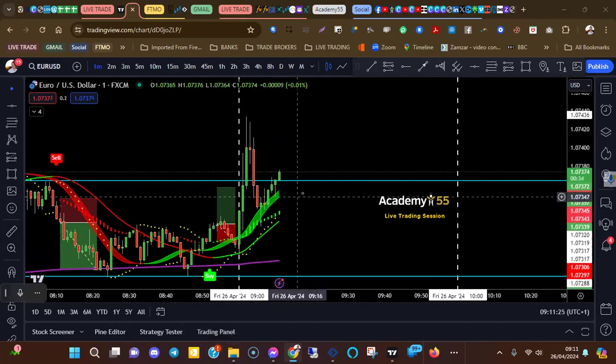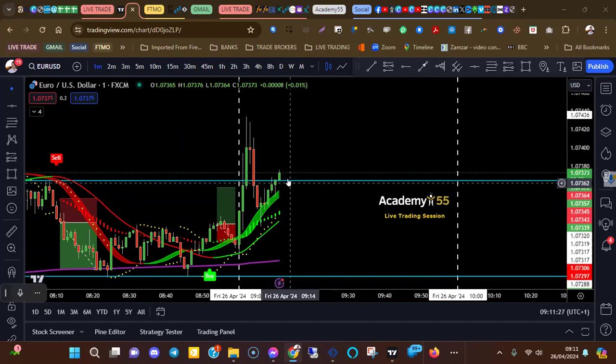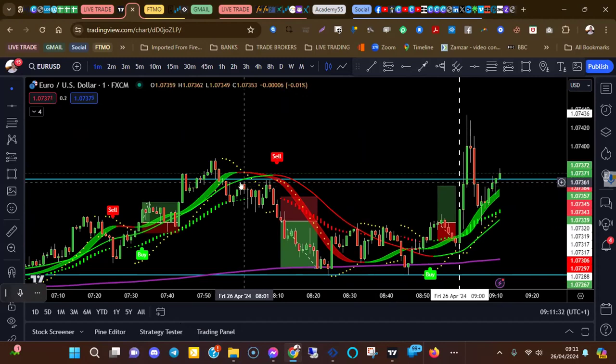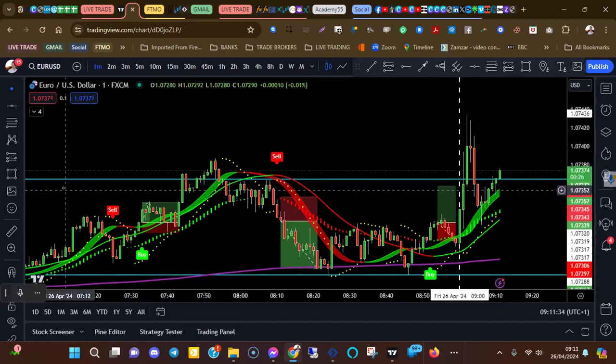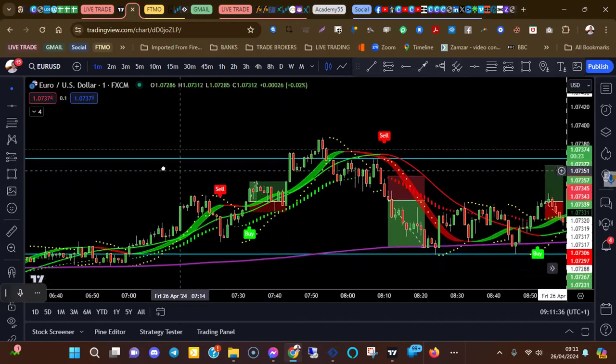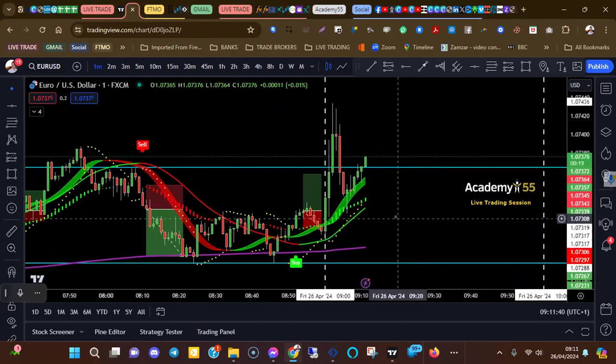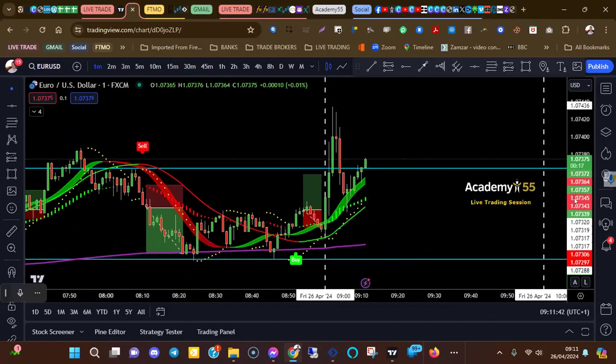But now it does seem like this will act as a kind of support, this line here, like it has done over here. That's why I personally draw these lines in. I regard them as like if you're a horse, it's a fence.